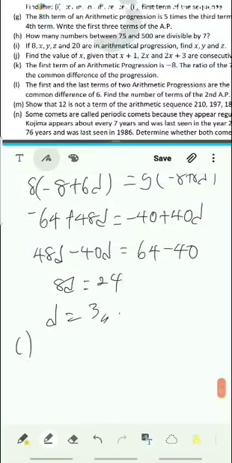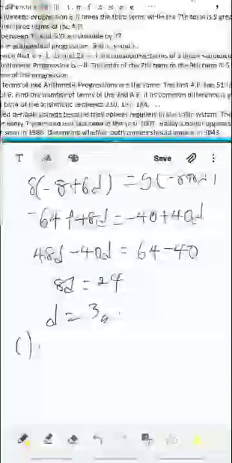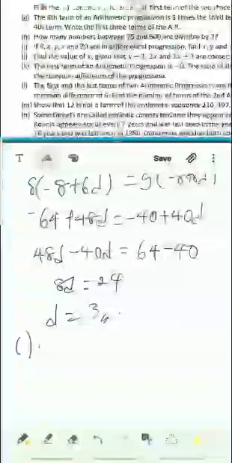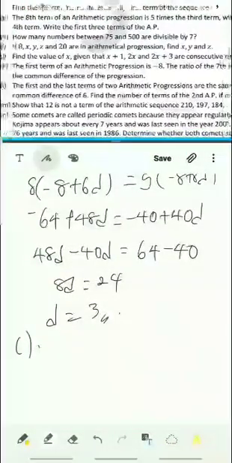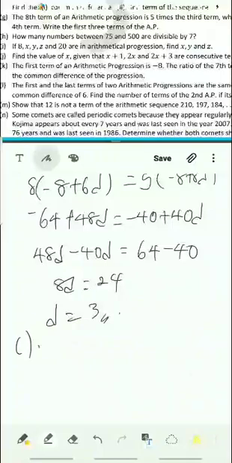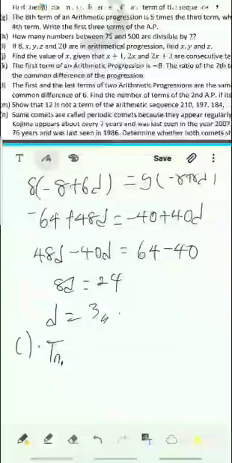Let's look at L. The first and last terms of two arithmetic progressions are the same. Let's call the first AP Tn subscript 1.